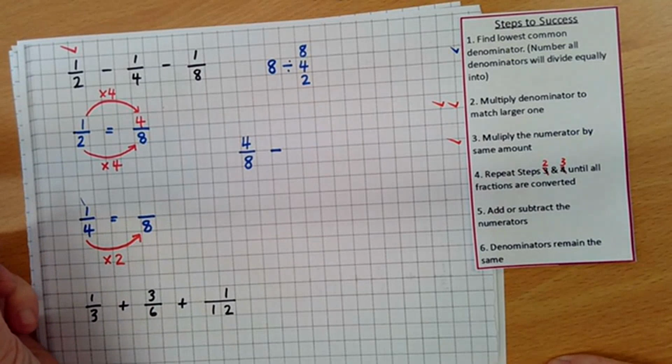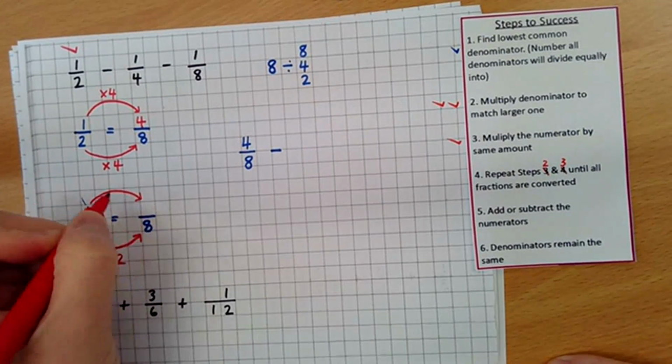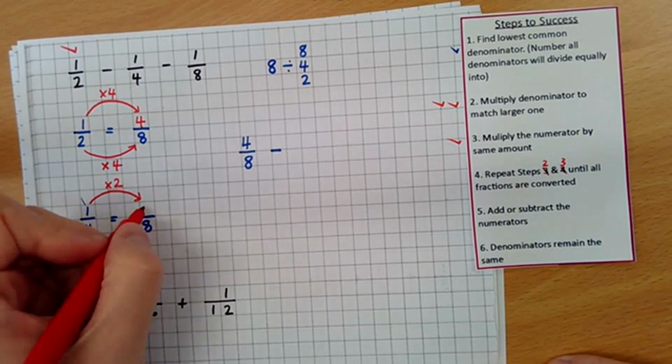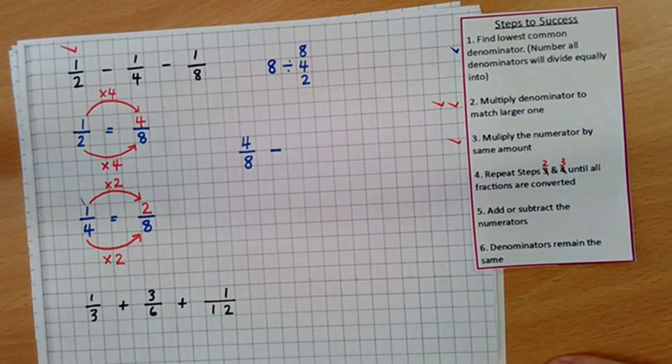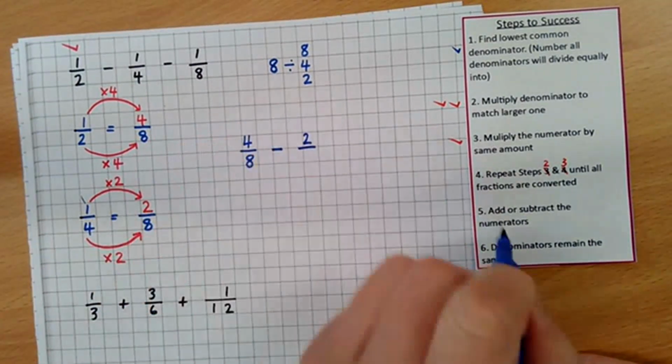What's my next step? Tell me. Good, I'm going to multiply my numerator by the same amount, and my answer is good. What am I going to do with 2 8s? Excellent. I'm going to write it down so that I don't forget.